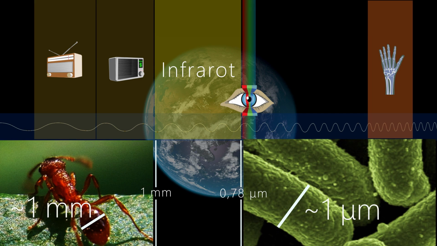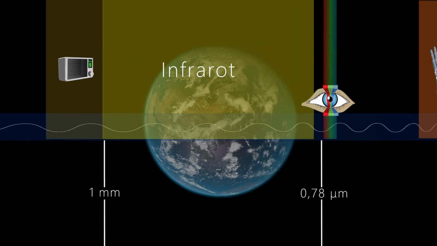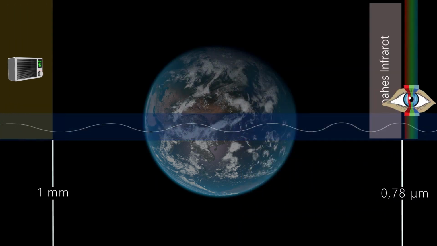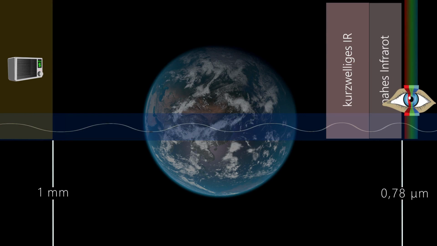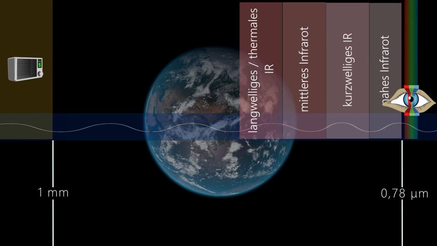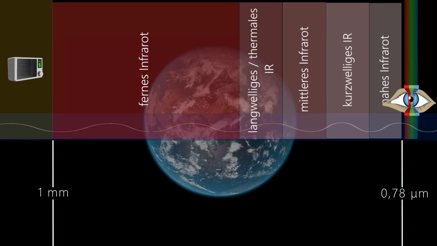Since this range is relatively large, infrared radiation is further subdivided into near, shortwave, mid, long wave, and thermal infrared, as well as far infrared. Apart from far infrared, all these ranges are used in specific remote sensing applications.